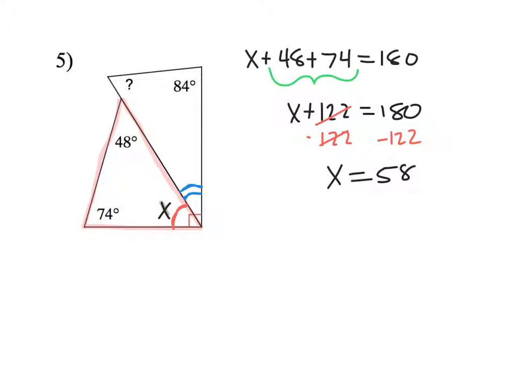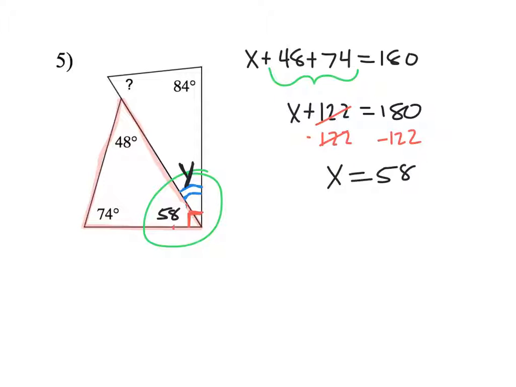So that means, and I'm going to go ahead and erase this down here, we don't need that to be an x anymore. We know that that is now 58 degrees. Okay, well here's the trick. Right here, those two angles add up to 90 degrees. So I'm going to call this angle y.